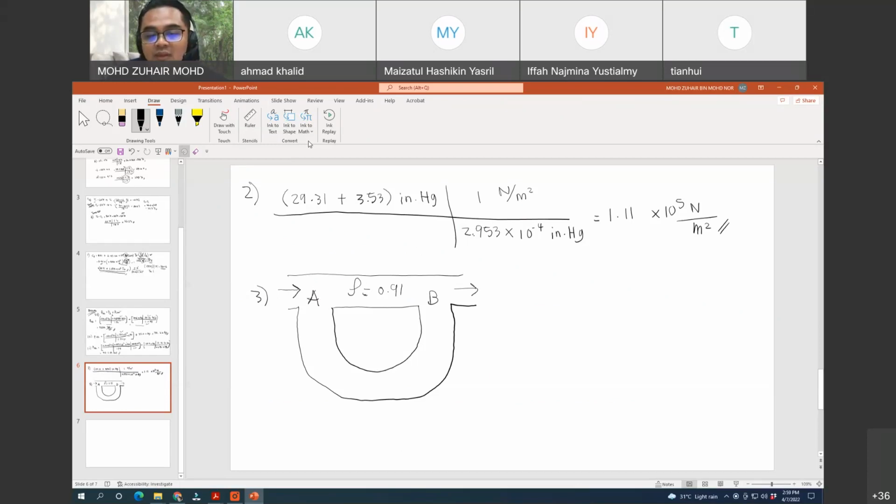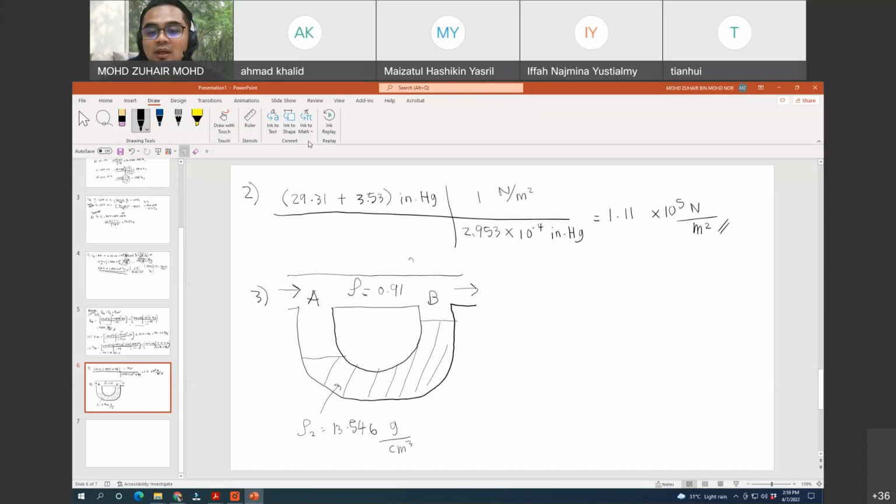Okay, so now we have the mercury. Yeah, this is mercury with the density of mercury. So this is density 2 equals to 13.546 gram over centimeter cube.